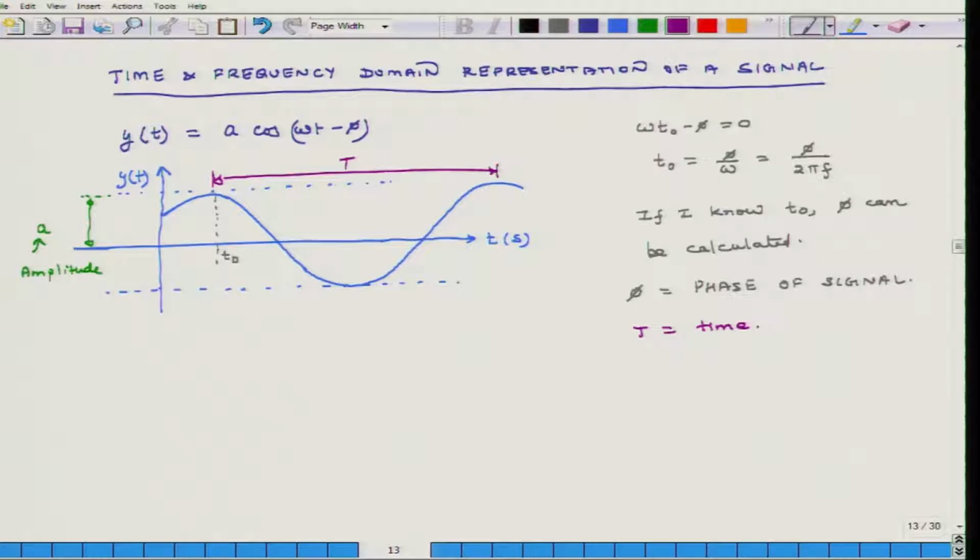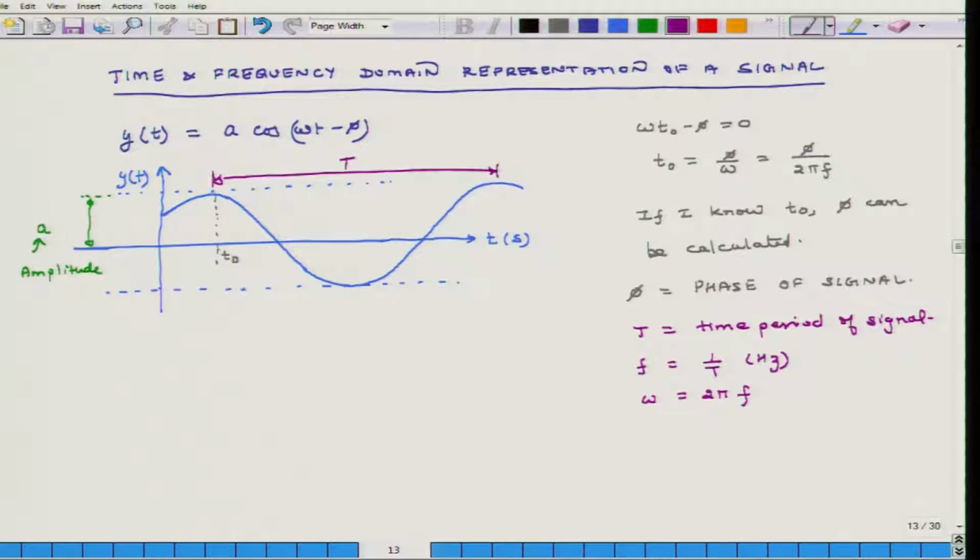Time period of the signal, and f, which is the frequency, is equal to 1 over T, and it is written in hertz, and omega is equal to 2 pi f.